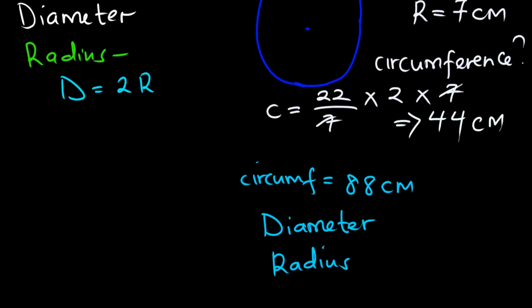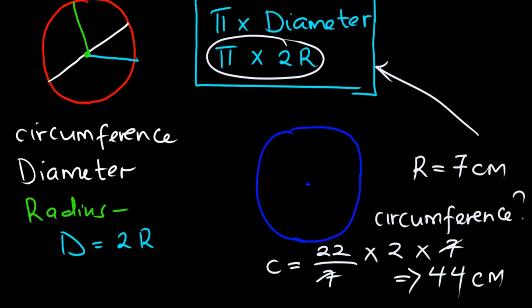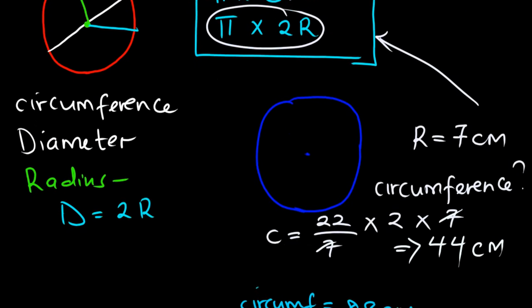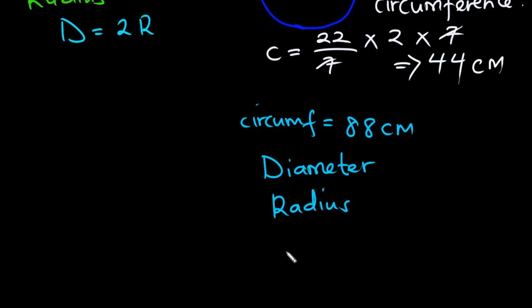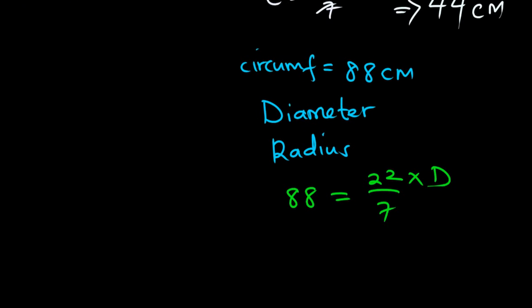How do we go about it? Using the formula, circumference is equal to pi times diameter. So circumference, which is 88, is equal to pi times diameter. How do you work out the value of d, that is the diameter?